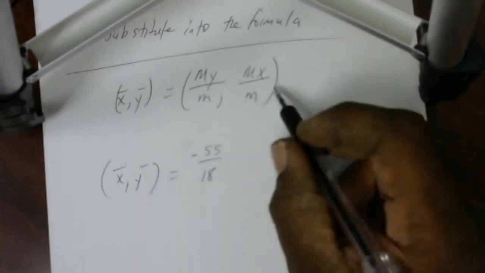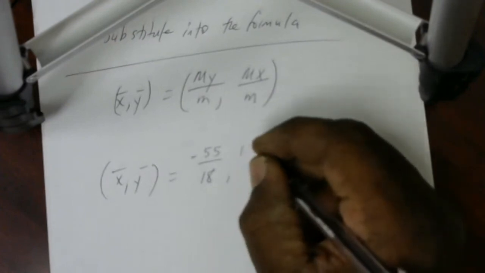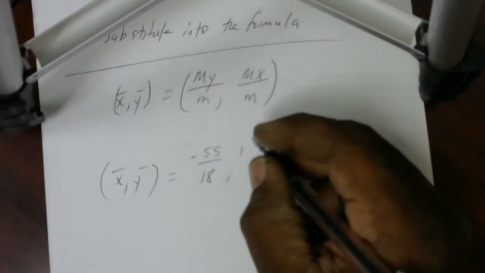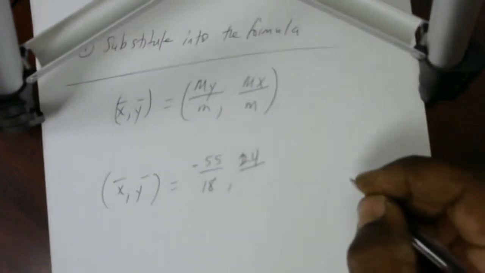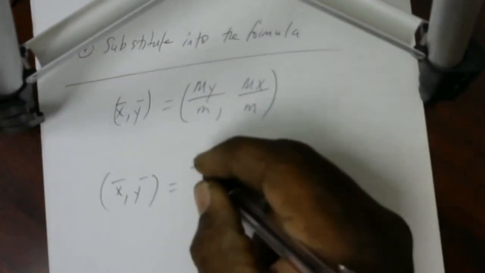To find y bar, we take the moment about x, which is 24. We divide by the mass of the system, which is 18.